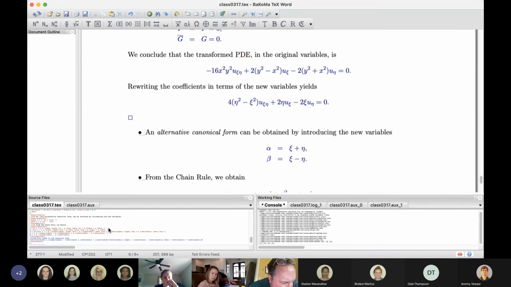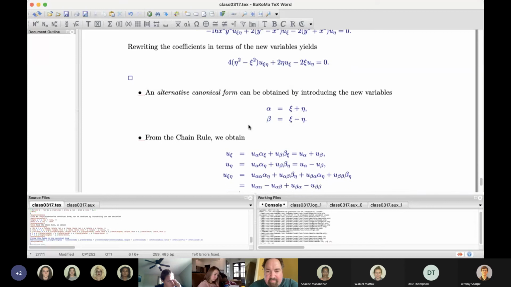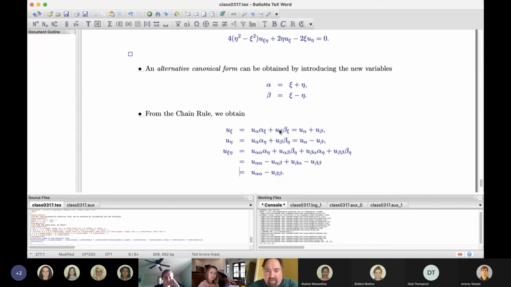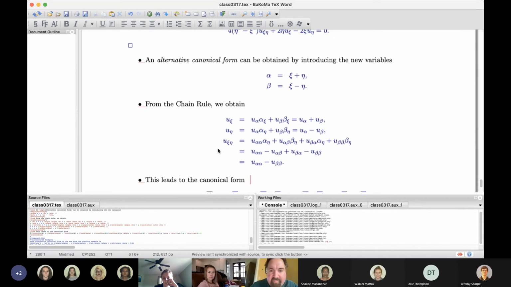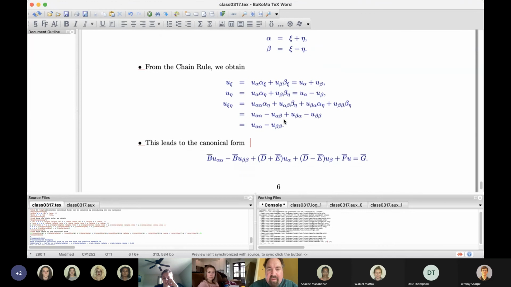do the same ritual for partial derivatives. And so to express u xc, u eta, and u xc eta using a chain rule. And then what do you end up with when you substitute these into your transformed PDE? Your coefficient b bar is now a coefficient of second partial derivatives with respect to alpha twice and then beta twice.